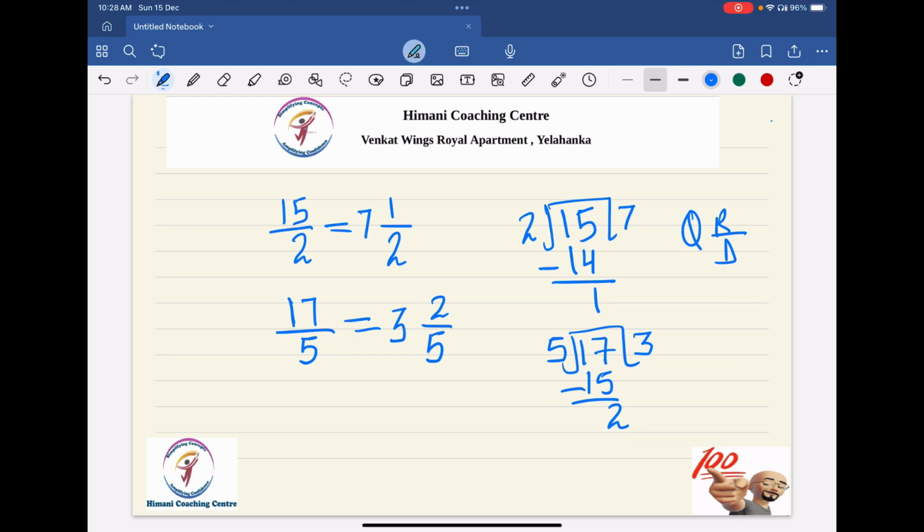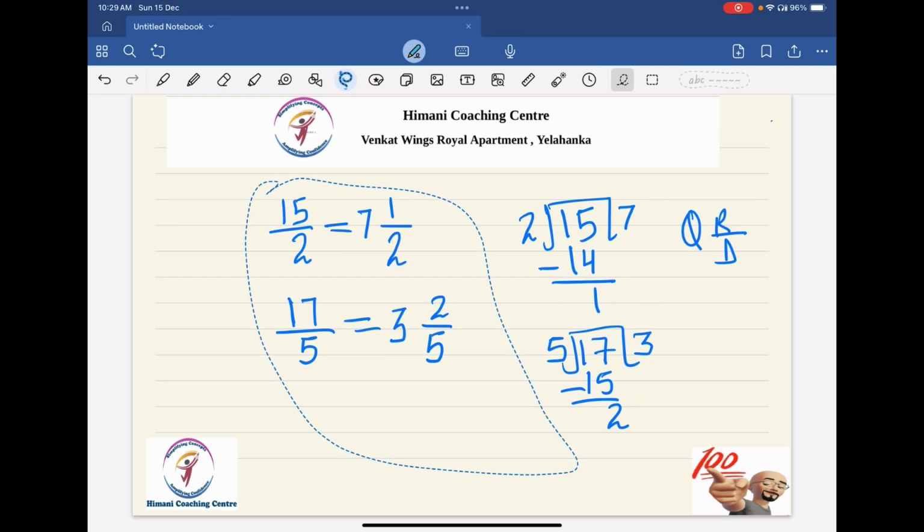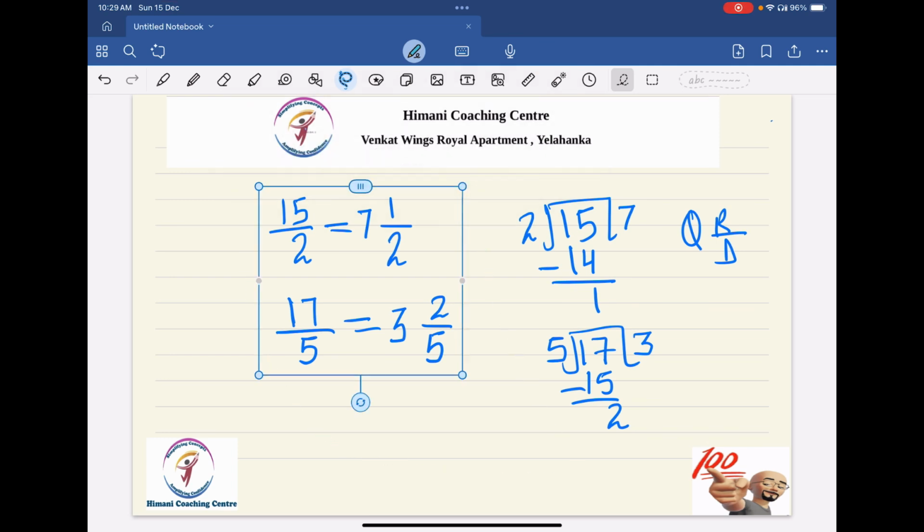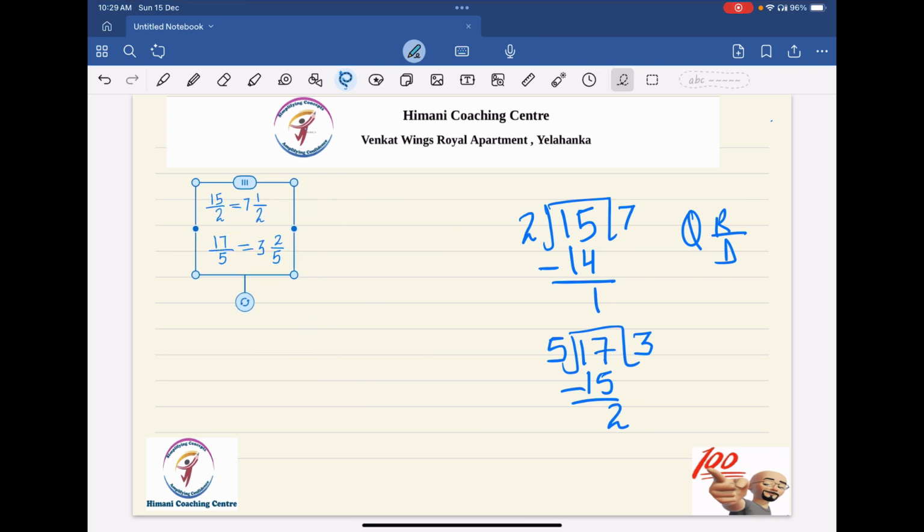Okay, now we will learn the reverse. What is that? How to convert mixed fractions to improper fractions. Okay, how to convert mixed fractions to improper fractions. We will perhaps use this only to make it clear to you guys.